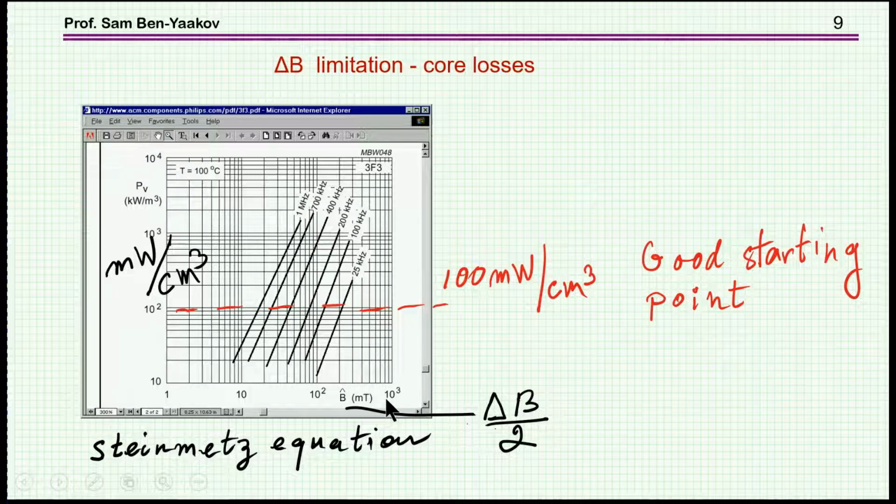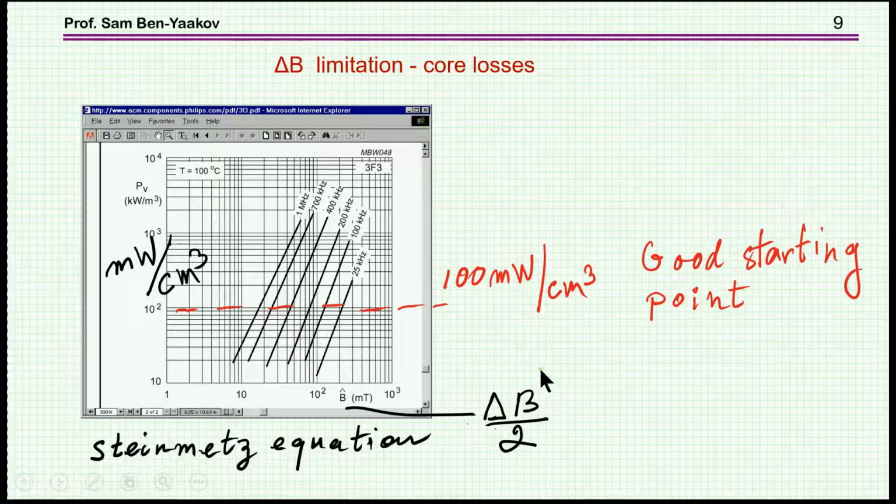Now, we have to decide on a number that we would like to start with. This will be the first step, and then we may wish to iterate on it, but we have to give it a first guess. And a good starting point is 100 milliwatt per centimeter cube, which translates to a fairly reasonable increase in temperature. We'll talk about it a little bit later.